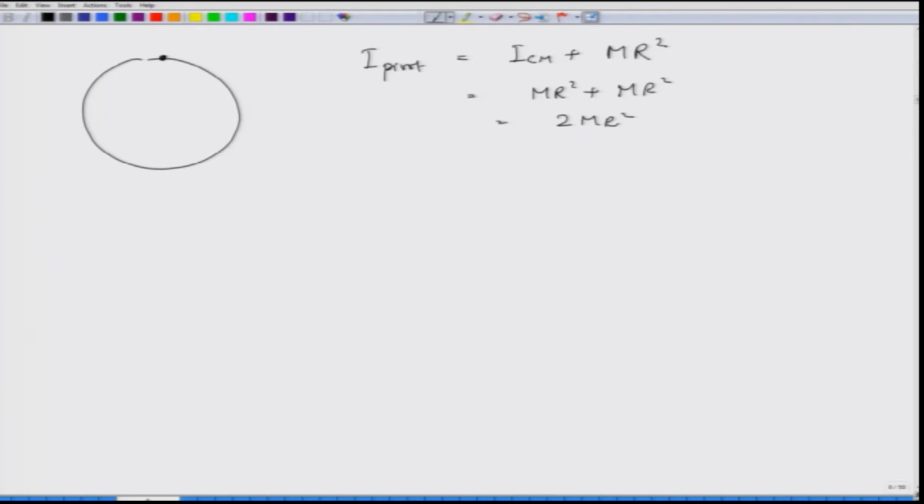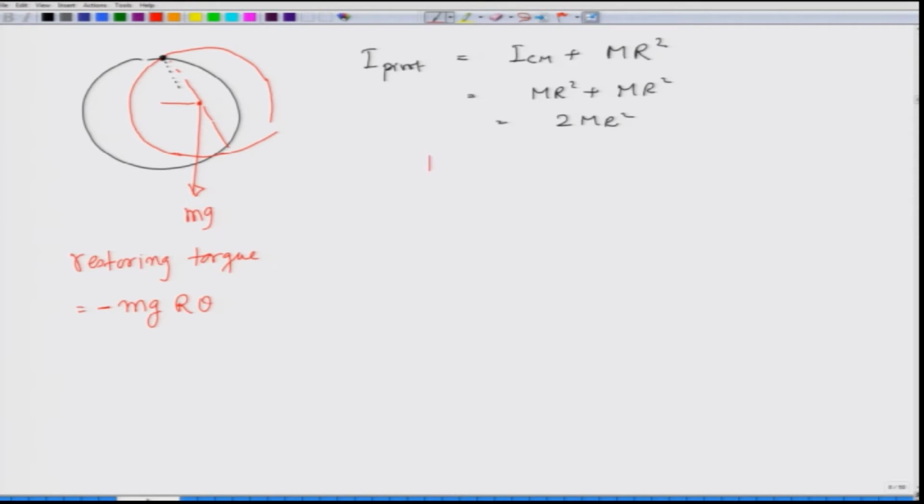What about omega? That is the angular frequency of oscillations. So, if I displace this hoop by an angle theta, the center of mass comes here, there is a force mg, and the restoring torque is going to be mg r theta with a minus sign, so that it shows that it is restoring.